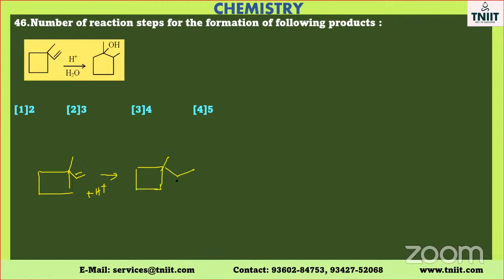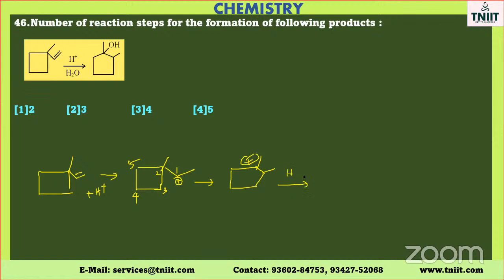So this has a positive charge, you get 1, 2, 3, 4, and 5. This undergoes rearrangement to form this compound.